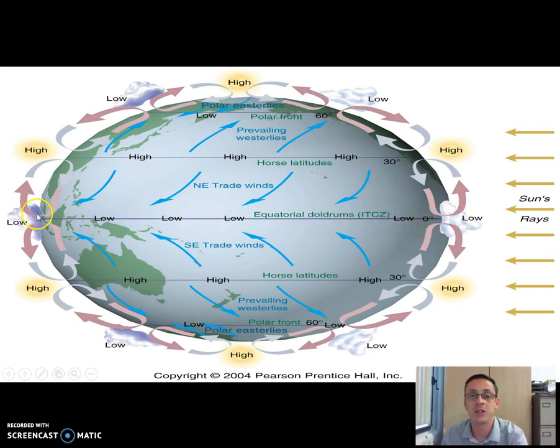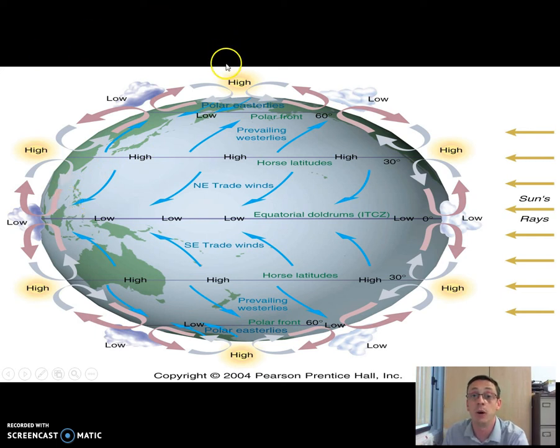Now, as our air is rising, going north to 30 degrees, and then it falls, and it's going to make its way south, and it's deflected round this way by the Coriolis force, we call these the northeast trade winds. We call them that because they're travelling from the northeast to the southwest.